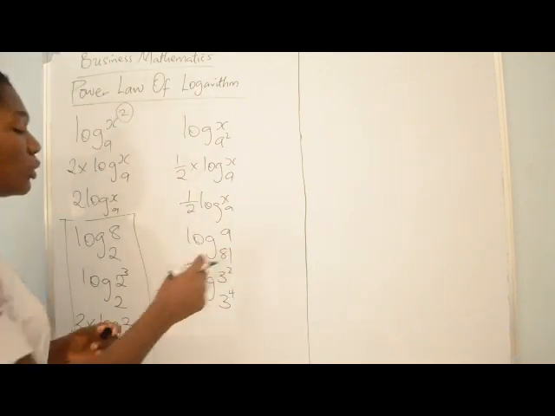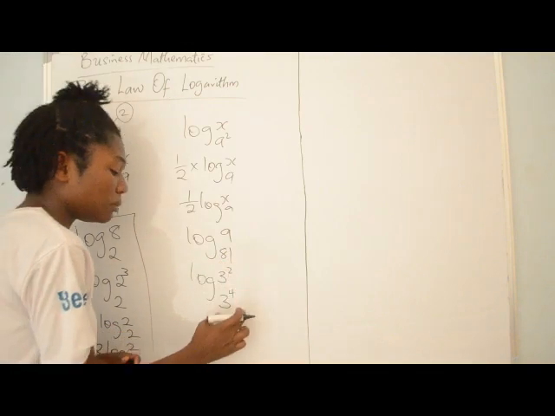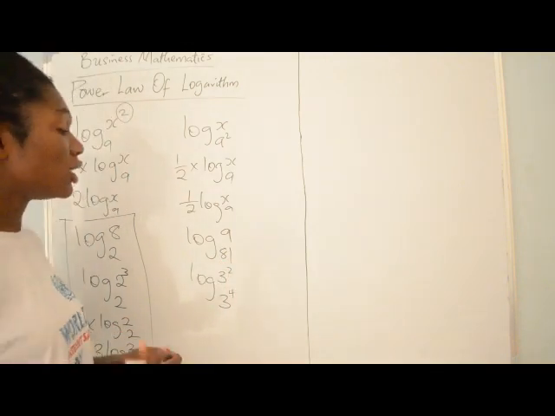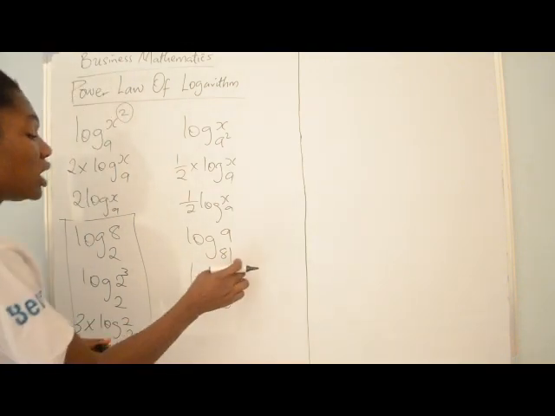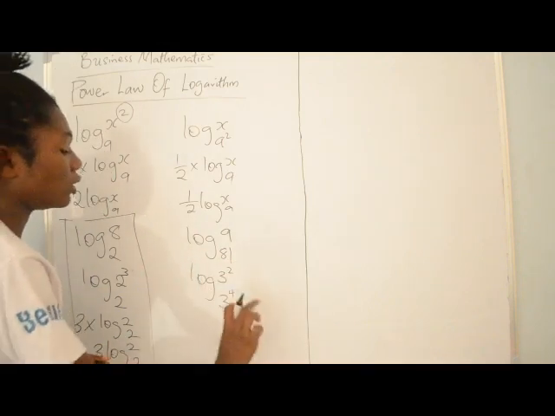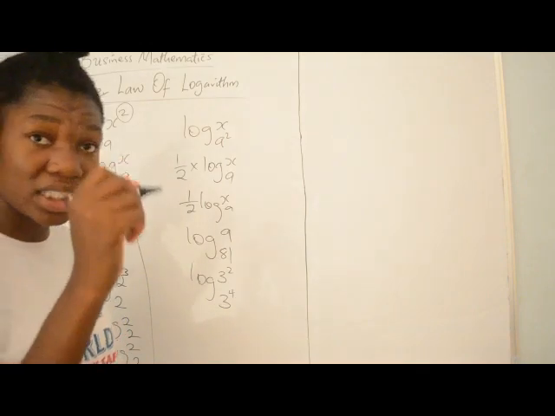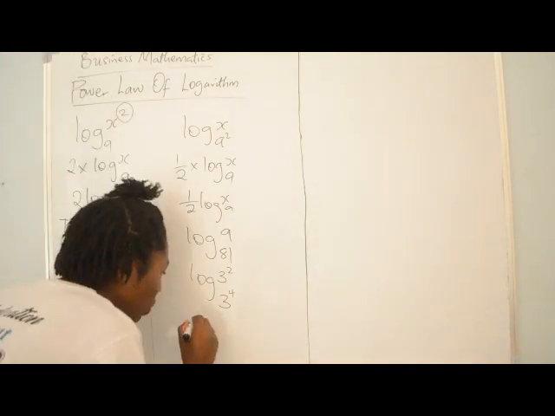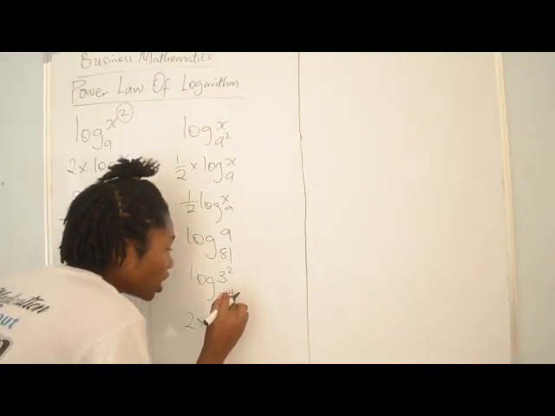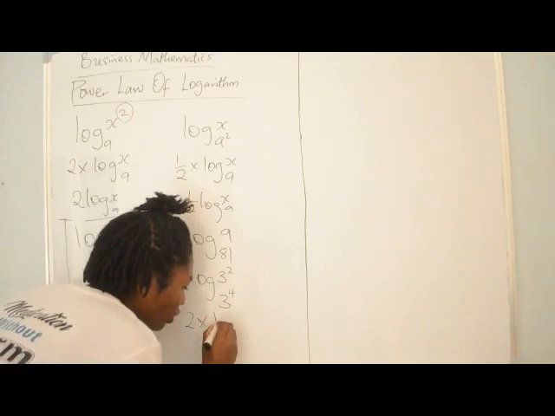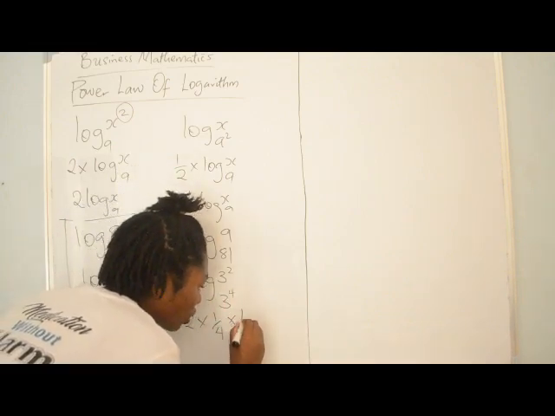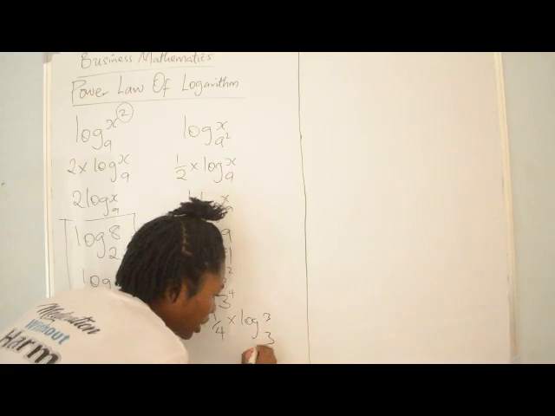Now in this case, both the whole number and the base is having the power, right? So we just apply our rule. We take the whole number, multiply the log, but we take the reciprocal of the base, okay, which is 1 over the base power, alright? So we'll be having 2 times, now the base power is 4, so we'll be having 1 over 4, right, times log 3 base 3, right?